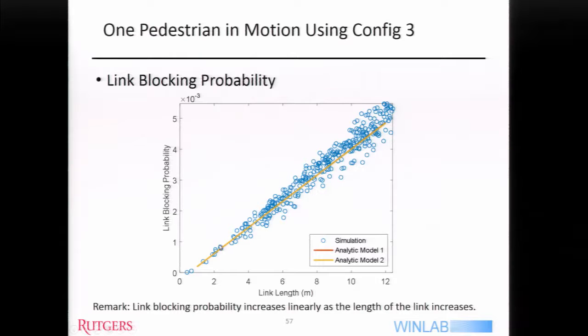Here we draw a picture where the x-axis is the length of a link, and the y-axis is the link blocking probability. We find that the link blocking probability increases linearly as the length of the link becomes longer. That is intuitive: if the link is longer, the probability increases linearly, as we show in both the analytic model and our simulation model.